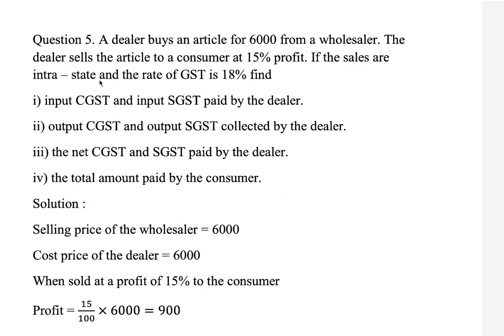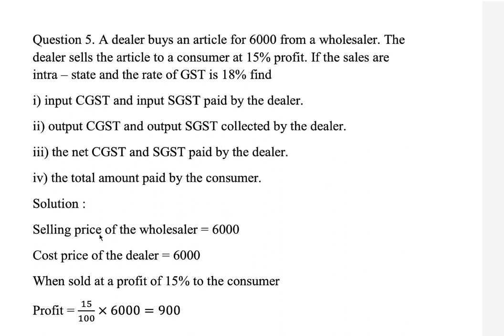If the sales are intrastate and the rate of GST is 18%, then find the input CGST and input SGST by the dealer, output CGST and output SGST collected by the dealer, the net CGST and SGST paid by the dealer, total amount paid by the consumer. See, this sum includes all these such calculations.